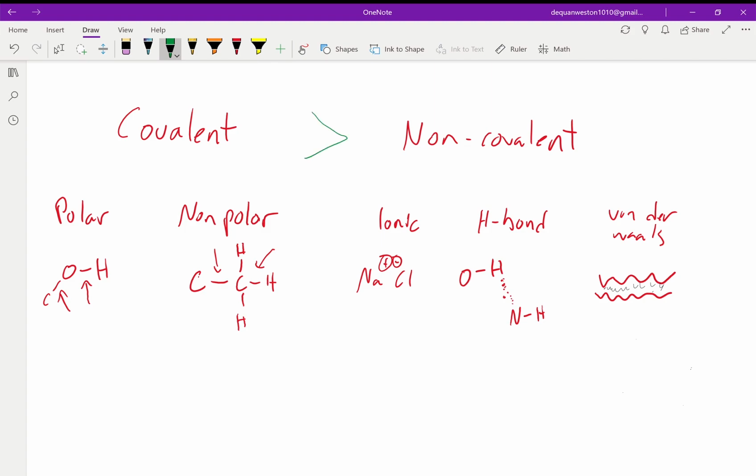Okay, now if you noticed how I drew these, I drew them in order of strength. So a covalent bond is stronger than a non-covalent bond, and so these are about equal. And then you get down here, ionic bond is stronger than a hydrogen bond, and that is stronger than a van der Waals. So understand this, and where you might see questions like this is like the one with the protein.